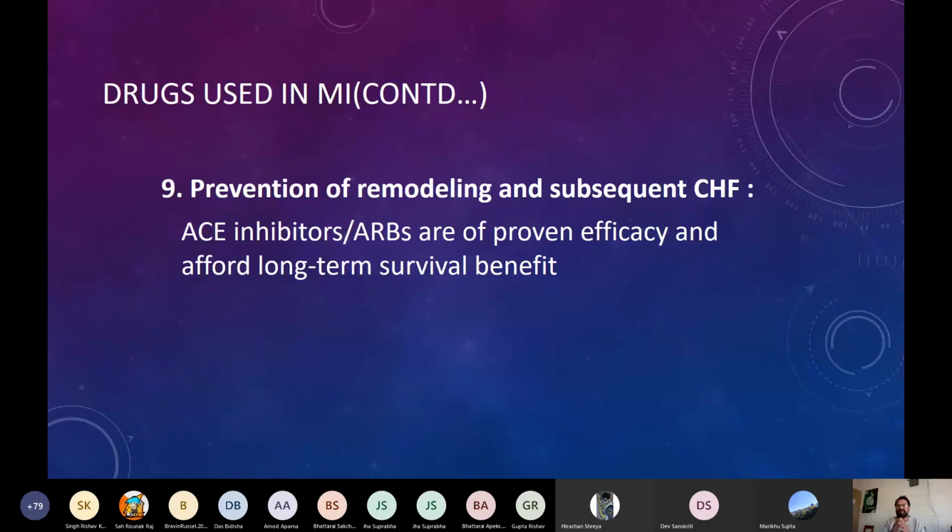Since some portion of the heart muscle is not working, obviously the full functioning of the heart is not there. So slowly the patient might deteriorate and develop chronic heart failure. For that, you have to give the drugs accordingly.